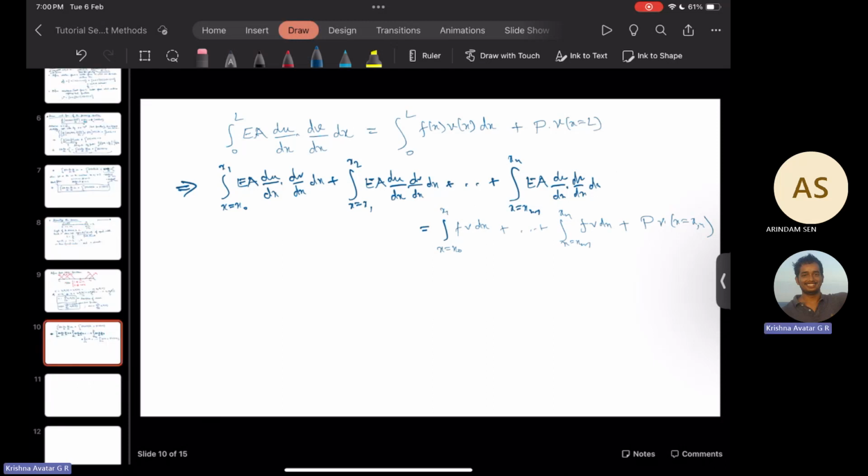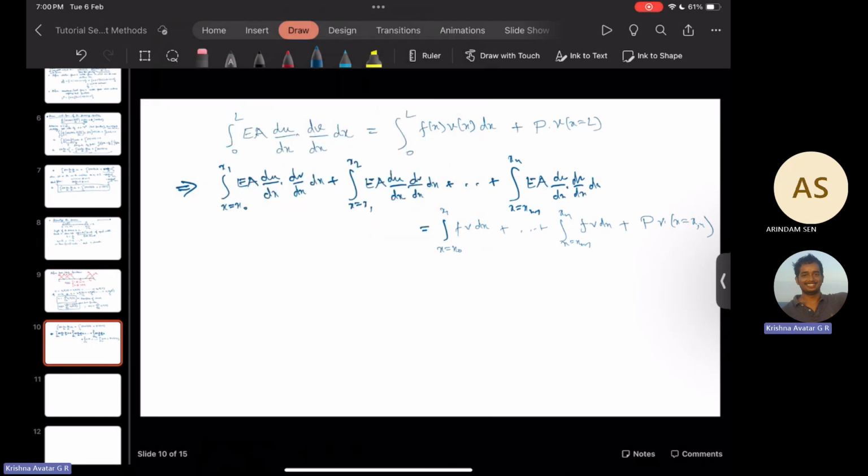What we can do here is, there are multiple ways of proceeding from here, but let's just choose one.